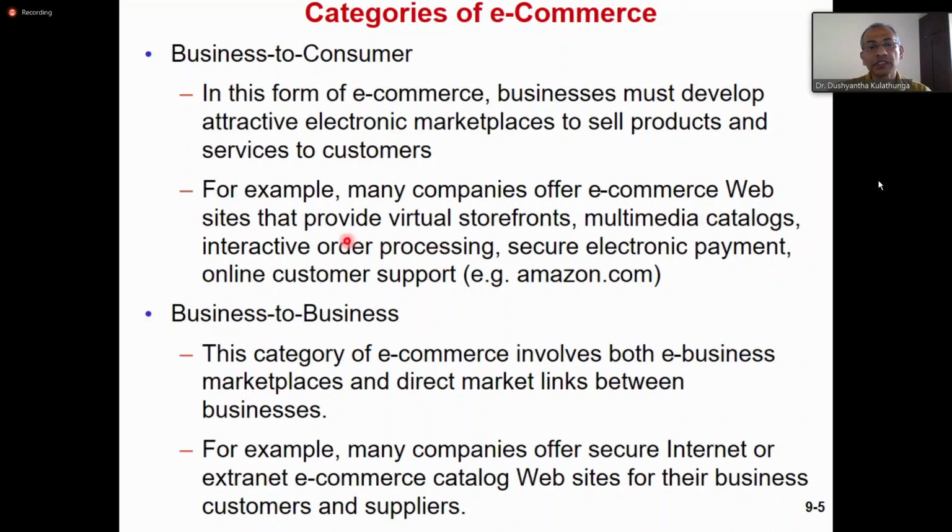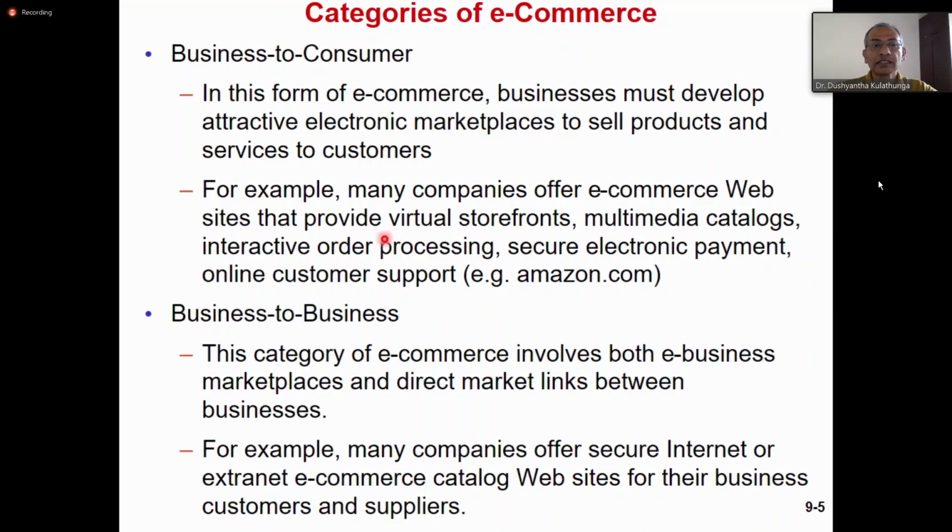So if a customer has some query, the customer can send the query to the organization and the organization can respond back. The responding can be done online. If, say, 24-hour support is available, the customer can interact with the organization online.